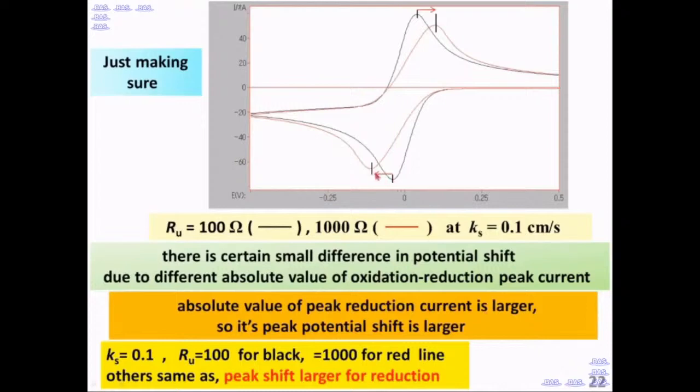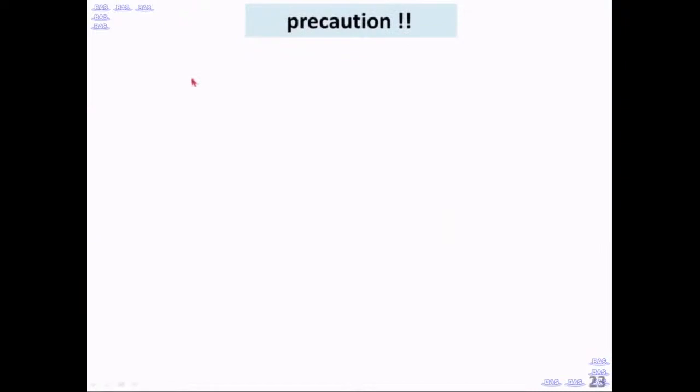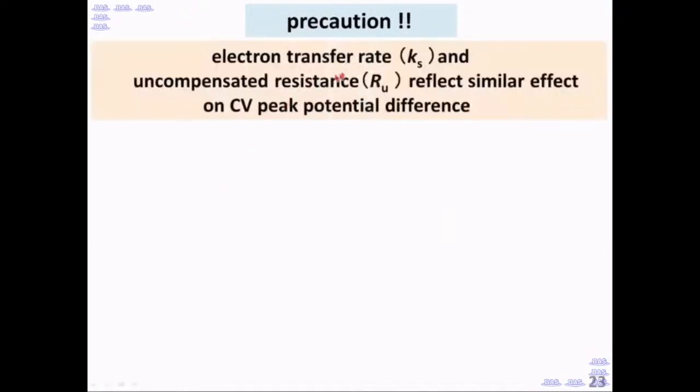This side is larger than this. This is an important point. As a precaution, electron transfer rate and uncompensated resistance have a similar effect on the CV peak potential difference.